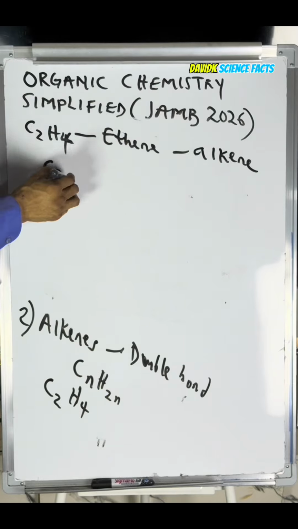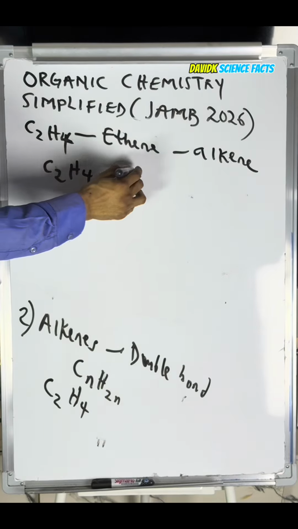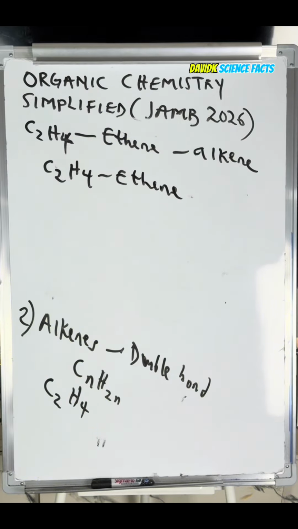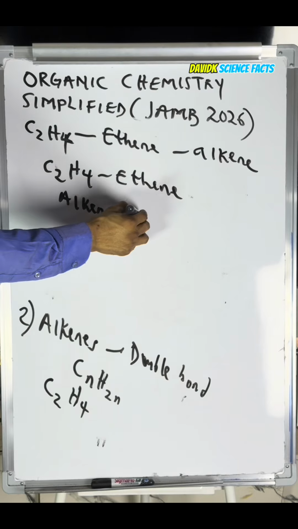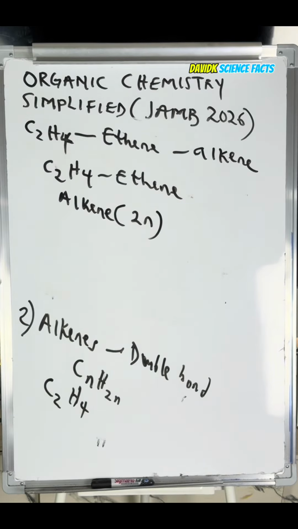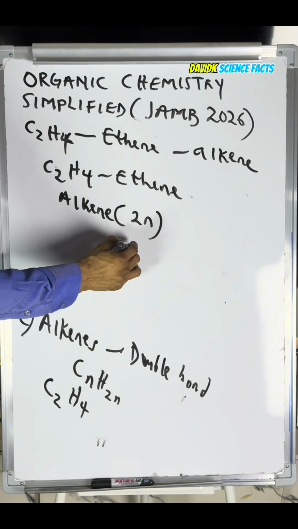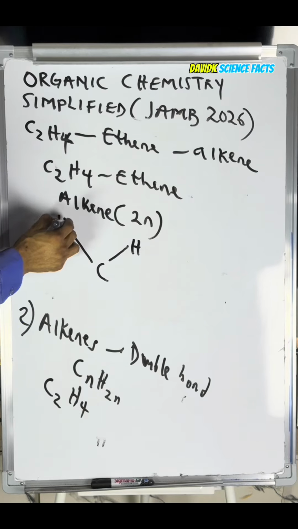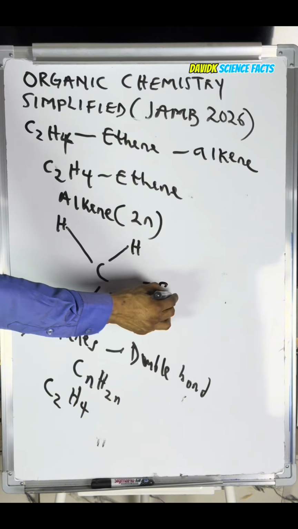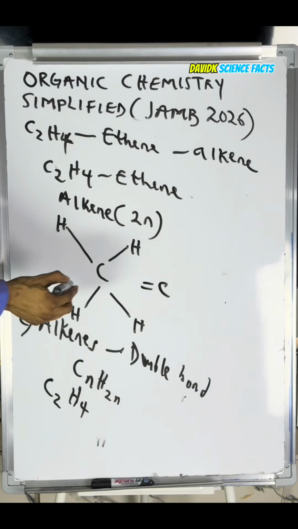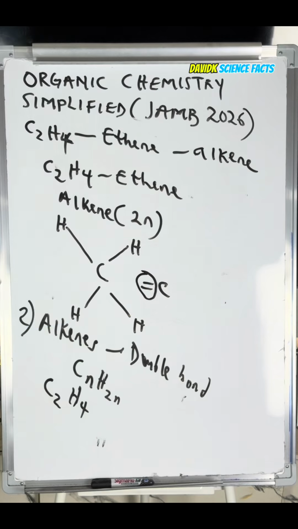So we have C2H4. Do you understand? Alkene, 2n. The structure is this. Notice the double bond. Take notes. So that is for alkenes.